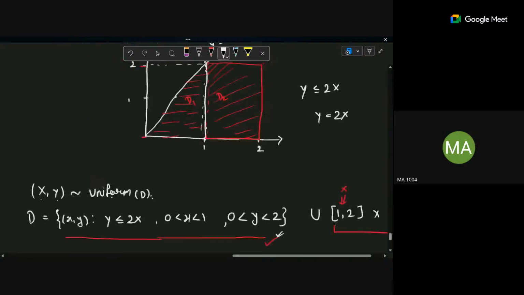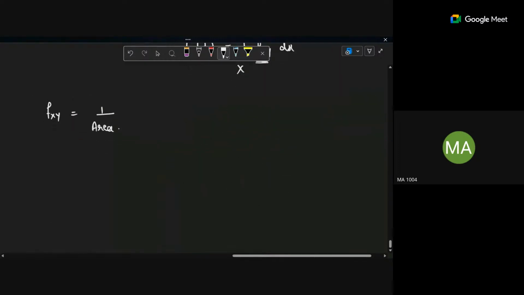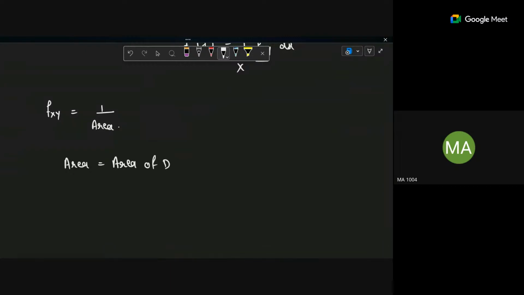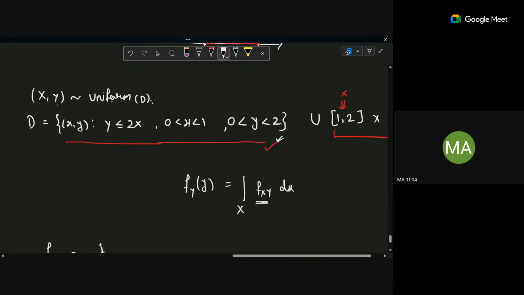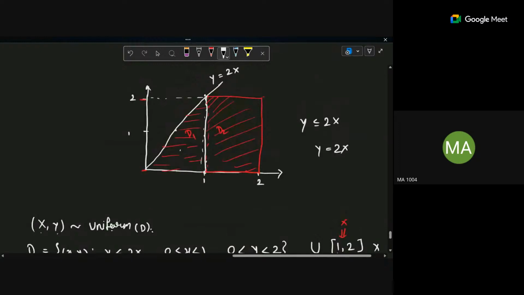Let's say your shaded region is D1 and D2. So your required area is nothing but area of D1 plus area of D2, right? Area of D, let's say. That's actually area of D, because the region D is this one, made up of D1 plus D2. What will be the area of D1?